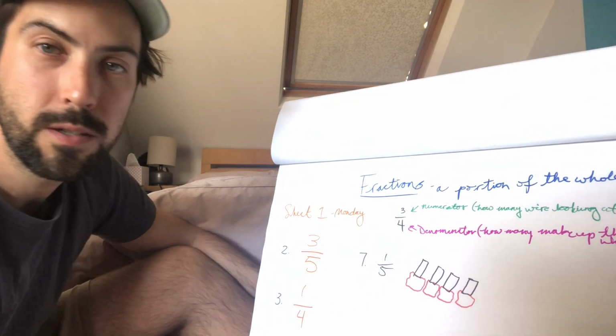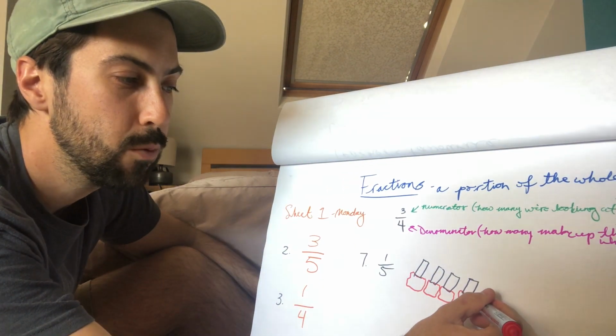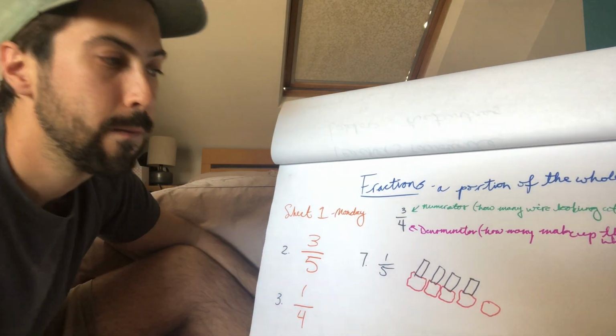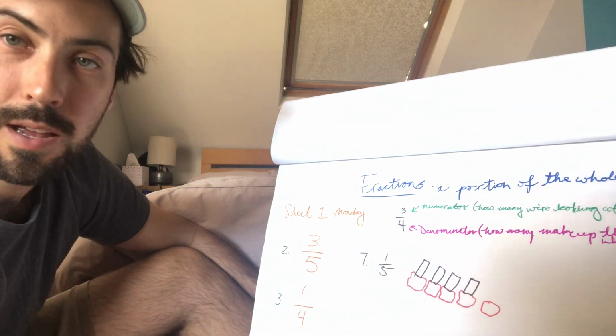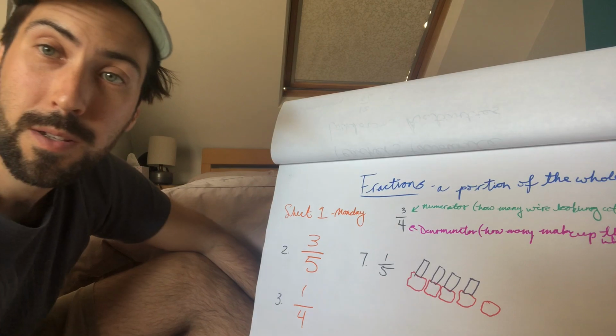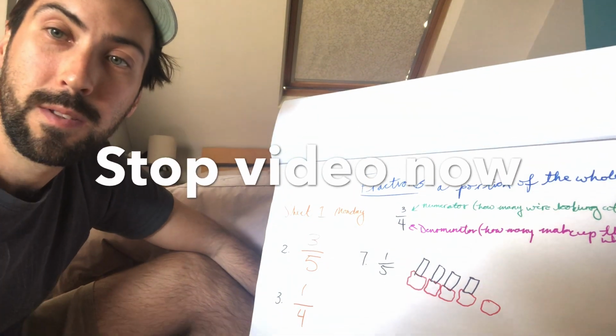I've only got 4 here. I said 1/5 of them have been eaten, so that means I wouldn't eat the packet. There's my packet right there. That shows that 1 out of the 5 have been eaten. Okay, so you carry on. You can do that on your own. That is sheet 1. That is Monday.